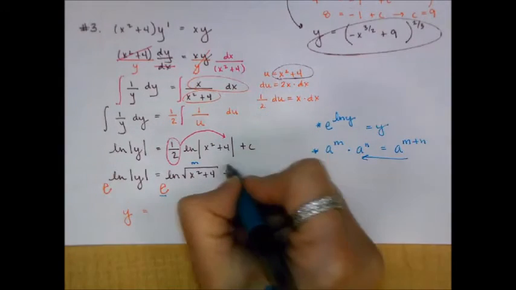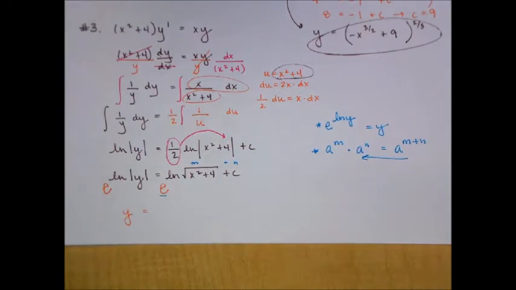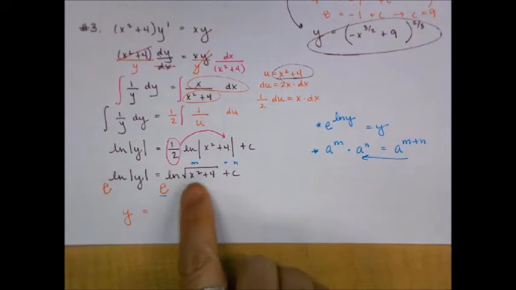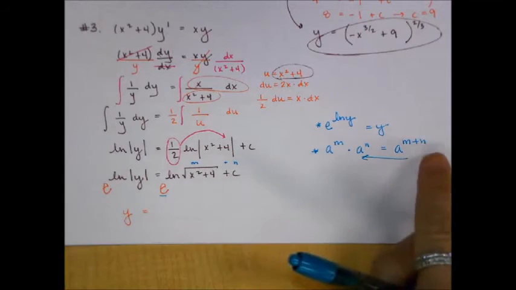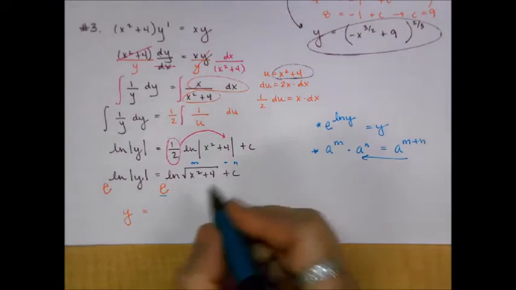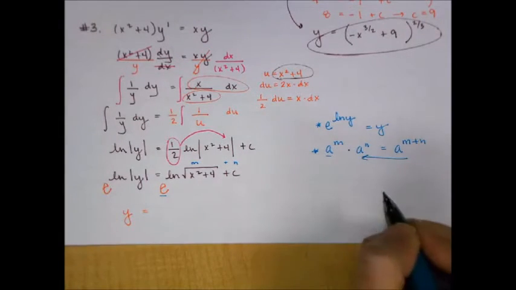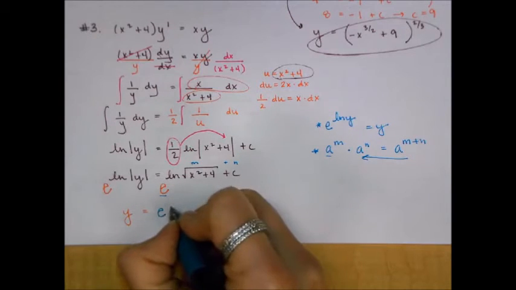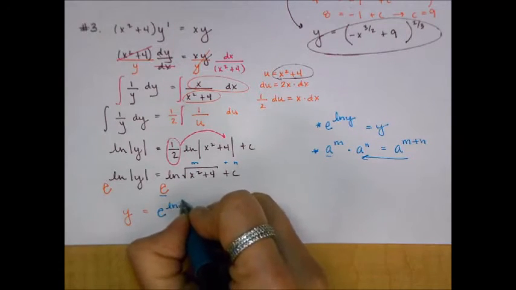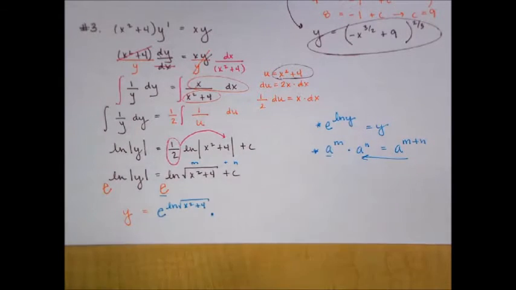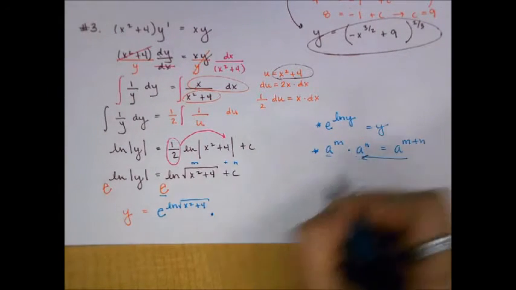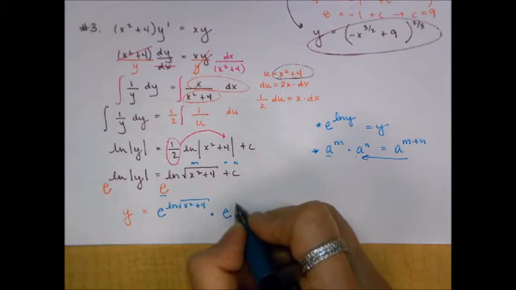Okay, so m is the natural log and n is the c. So if I split it back up, it's now my base to the power m, so e to the power of the natural log of the root x squared plus 4, times a to the n, so my base e to the power c. So this is where it gets kind of interesting again.